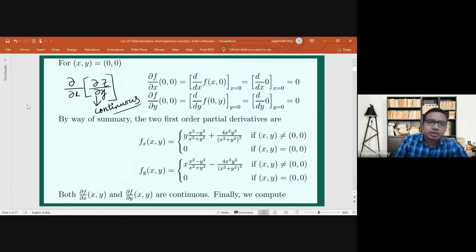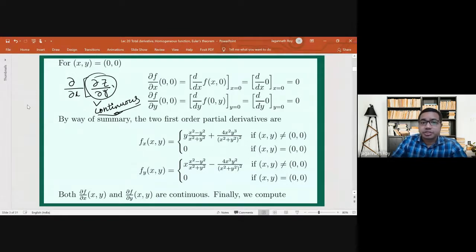Otherwise, we cannot do the differentiation. So we must check whether this inside function is continuous or not.